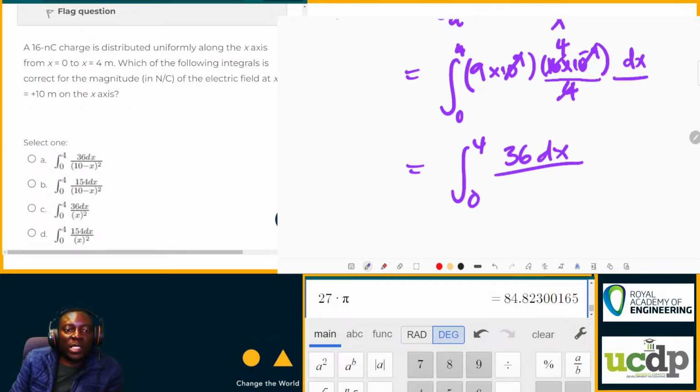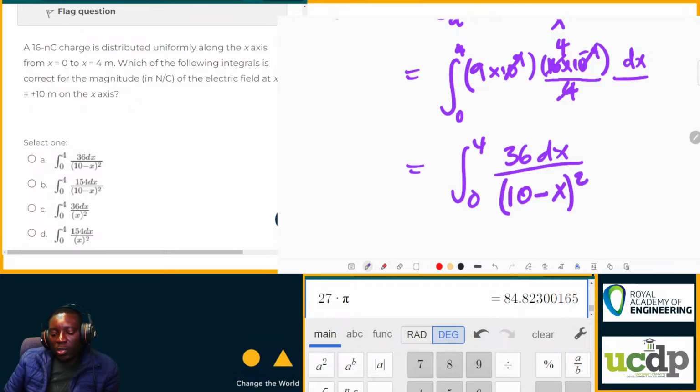So the point of measurement in this case, remember, is given as 10 meters. So that 10 should be appearing in that expression there as 10 minus x, squared. The length A, in this case, the distance from the end of the rod to the point of measurement, is 10 minus x.